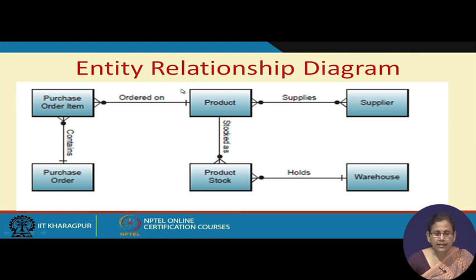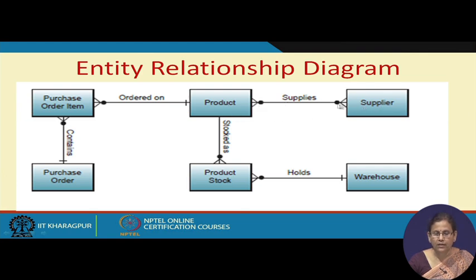While designing a database, these entities and relationships are first discovered. This particular diagram, which is called an entity relationship diagram, shows how various entities can be related with each other. For example, here the products and suppliers are related with each other.